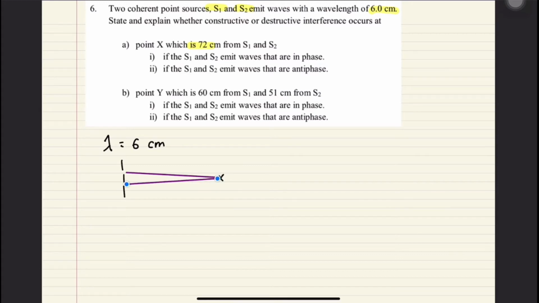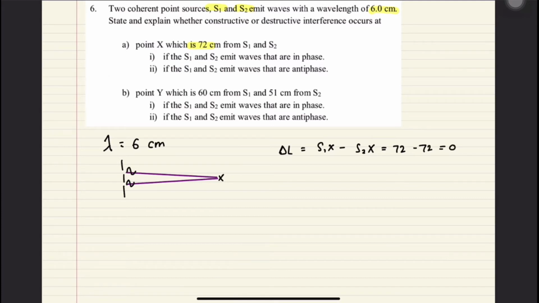If S1 and S2 emit waves that are in phase, because S1 and S2 are the same, delta L is S1X minus S2X. If both are the same, which is 72 minus 72, this will be equal to 0.